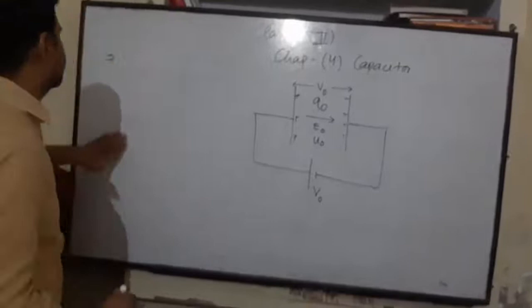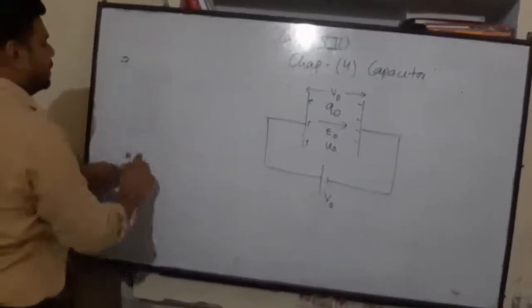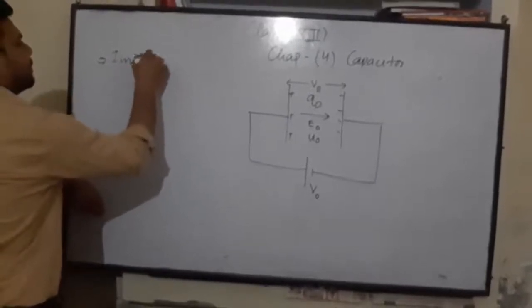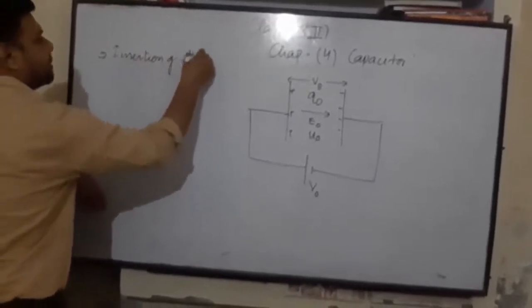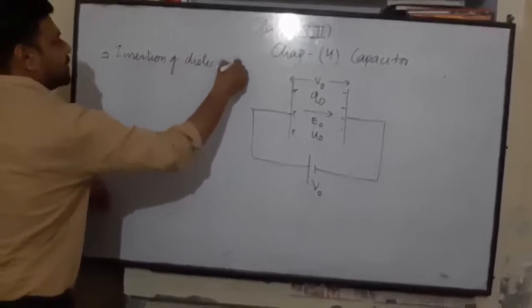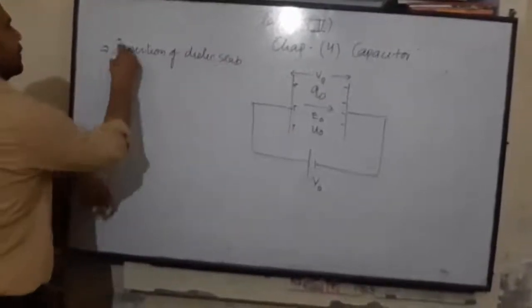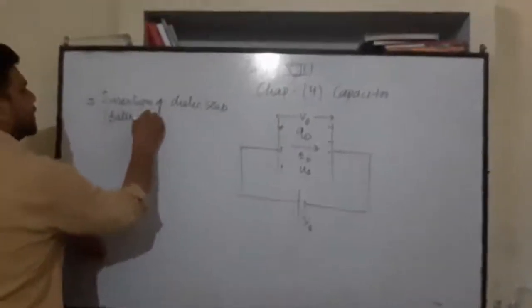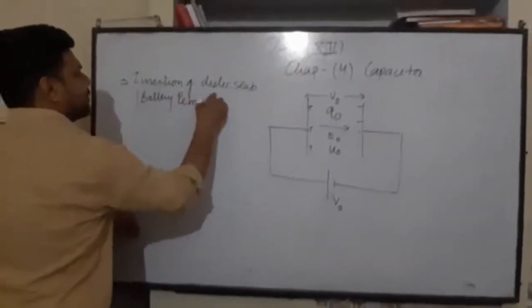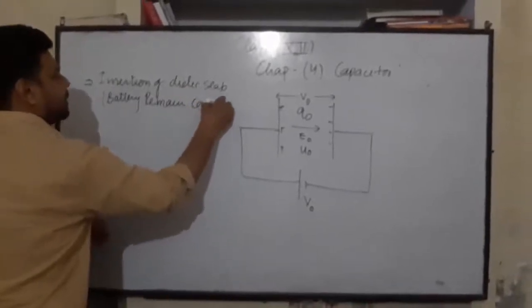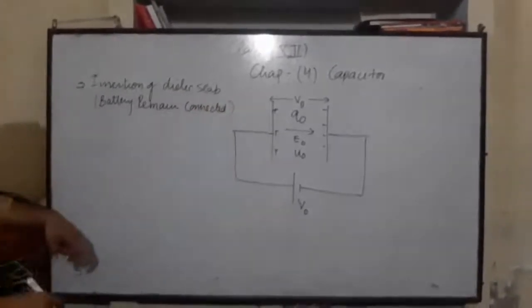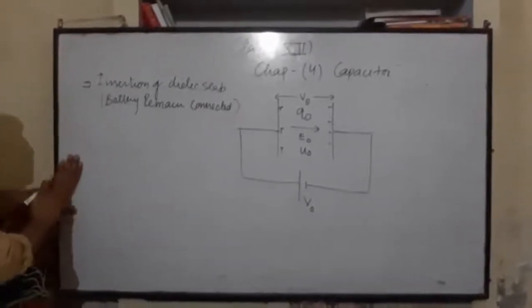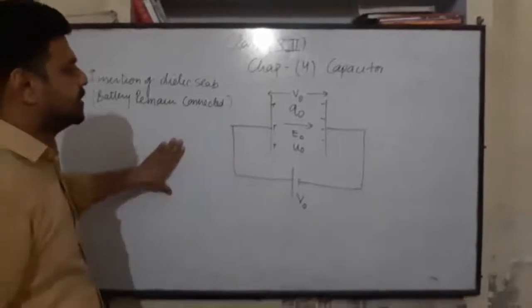Okay, so our first case is insertion of a dielectric slab and the battery remains connected. So the initial capacitance is C naught.